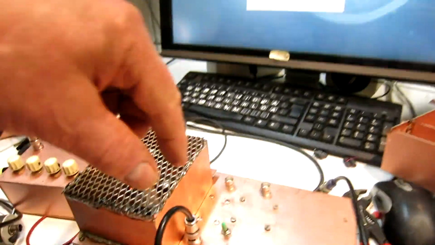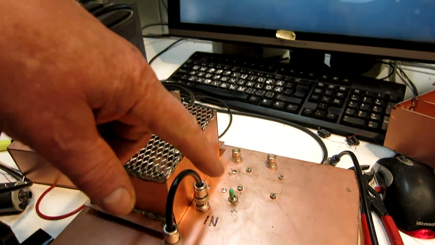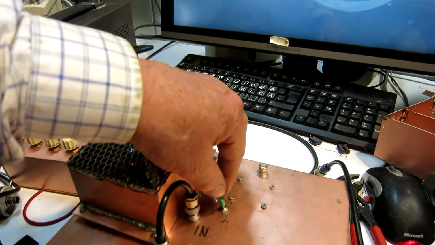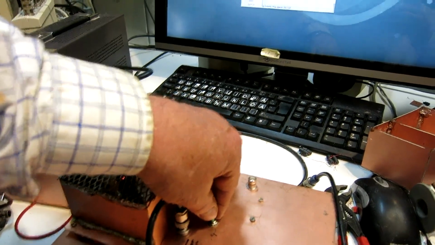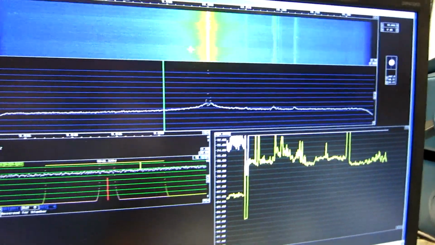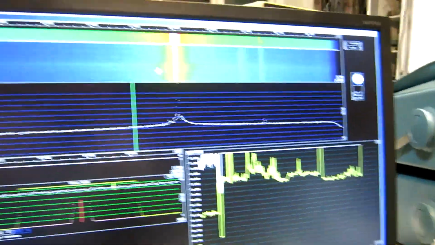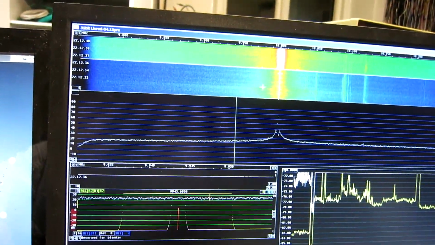I now switch from the two resonator crystal filter to the one with only one section. And you can see the noise is much higher.